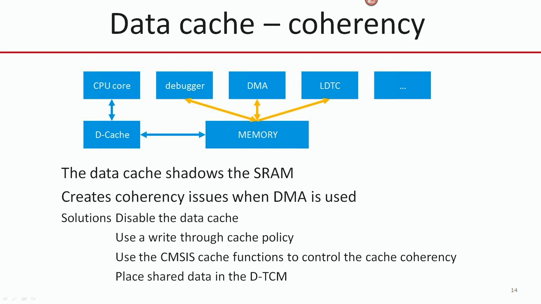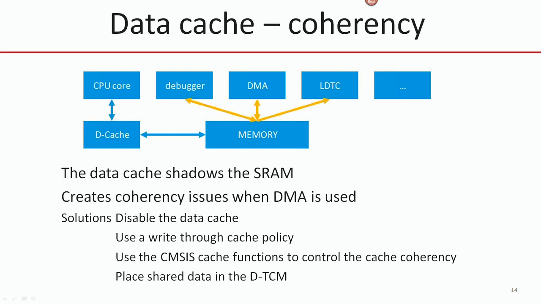With the instruction cache, when we enable it, it pretty much looks after itself while the code is executing. However, with the data cache, we're actually caching the internal SRAM or external SRAM of the processor. This may also be updated by the DMA units that will be on the chip as well.